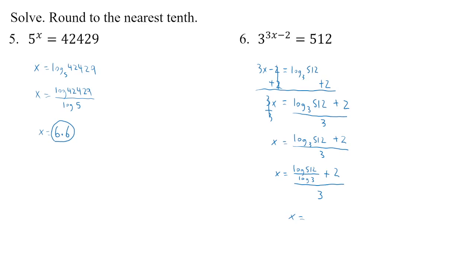So we got log of 512 divided by log of 3 plus 2 divided by 3. And you will get about 2.6. Therefore, the solution is 2.6.